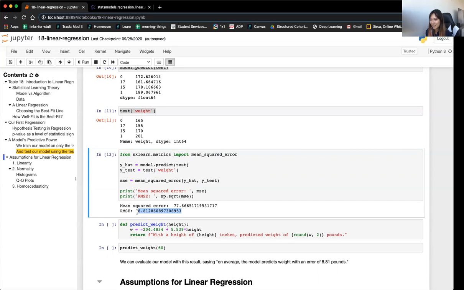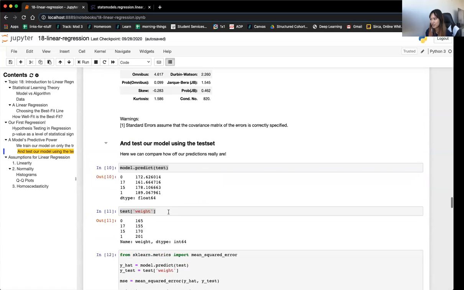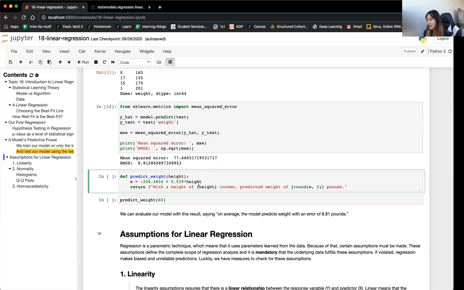All right, and I actually forgot that I had this here. Could have used this earlier, but here is a formula that I wrote to predict weight using any height. So I just took the coefficients from the model output that we saw earlier. And actually I shouldn't be using these coefficients. I should be using the train set coefficients, but same thing.